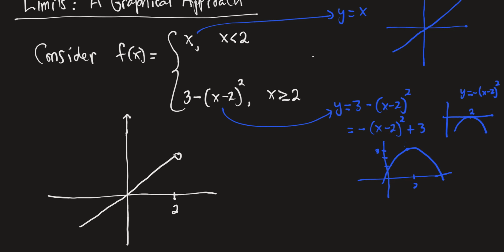So I know that the open circle corresponds to y equals 2, right? So that means the parabola starts 1 unit above that at 3. And then I have to ask myself, do I shade it in here as I start to draw the parabola? And the answer is yes, because the equal sign is right here, right?